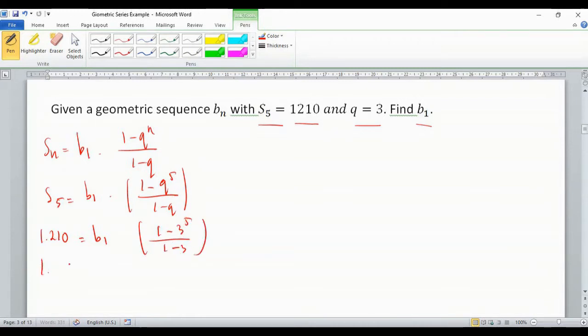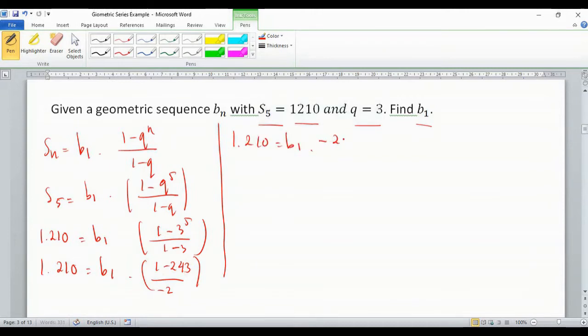So from here, 1210 equals the first term times minus 2 in the denominator, and 3 to the power 5 is 243. So 1 minus 243, let me write again, equals minus 242 over minus 2.